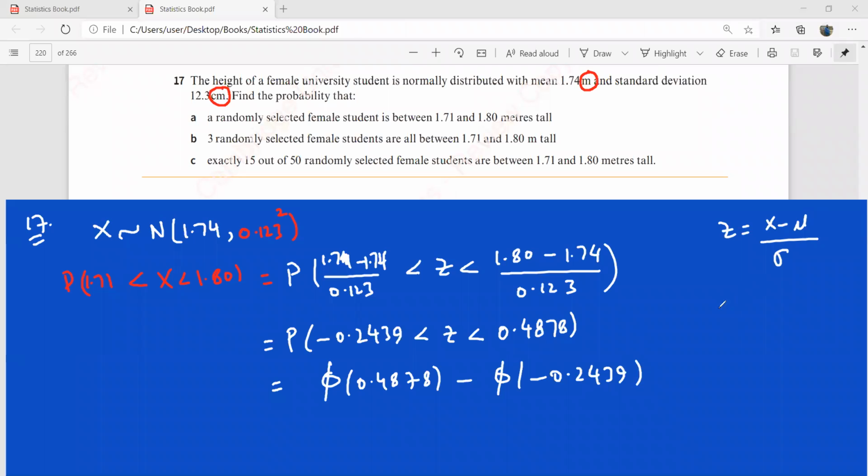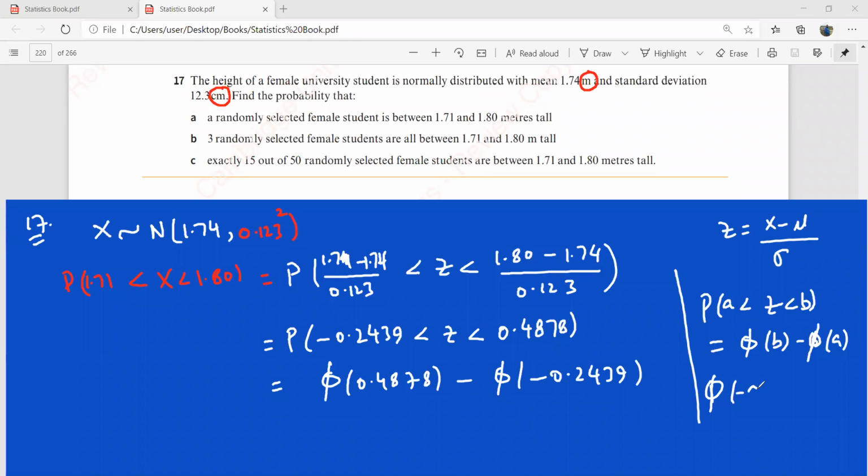So we'll be using two rules here. One is that if you have to find probability between A and B, that is going to be phi of B minus phi of A. And secondly, the phi of minus A is 1 minus phi of A. So I'll be doing this with the minus here.